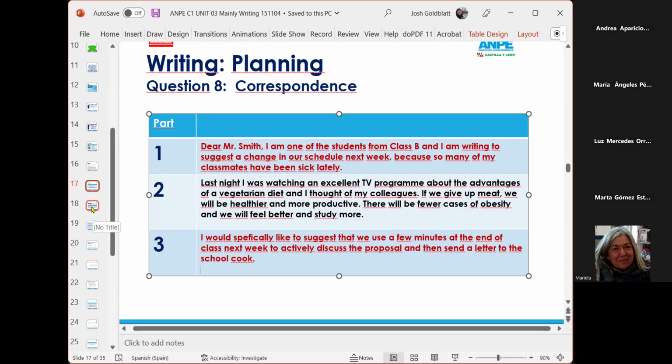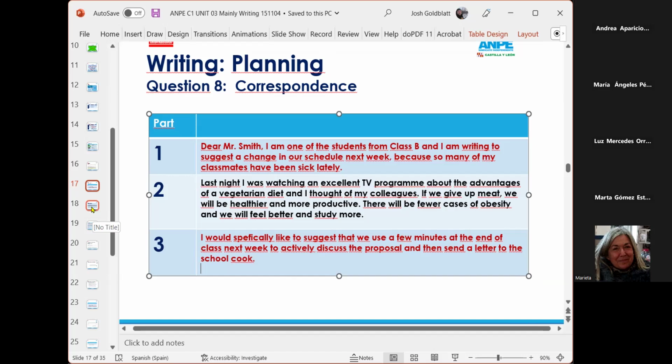Last night I watched an excellent TV program about the advantage of a vegetarian diet, and I thought of my colleagues. If we give up meat, we will be healthier and more productive. There will be fewer cases of obesity, and we will feel better and study more.